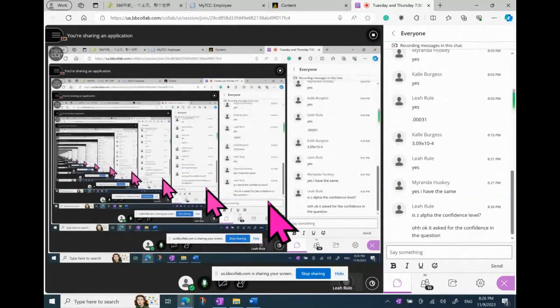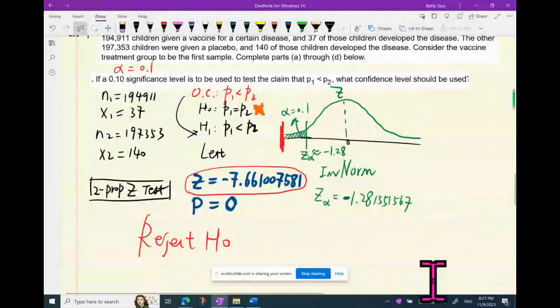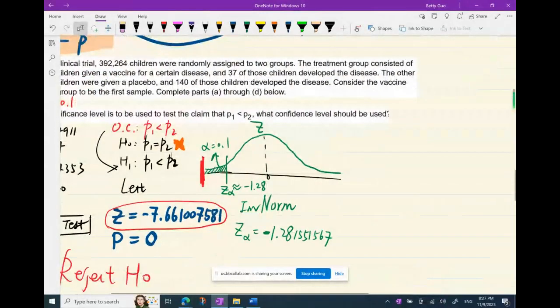Did I answer your question? It asked for the confidence level, really, let me see. Oh, yeah, you're right. What confidence level should be used?